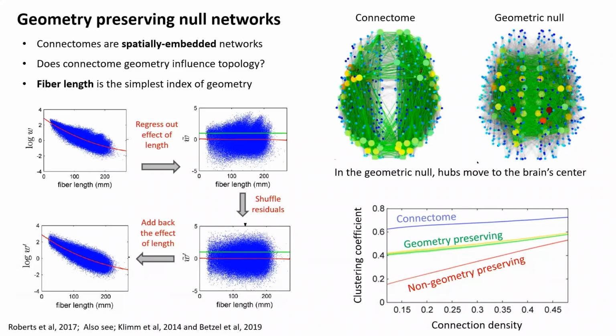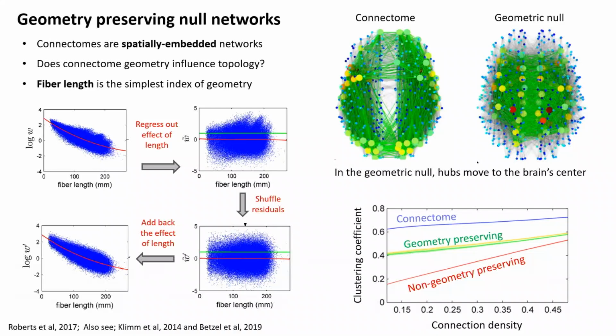So if you look at the bottom right here, I'm showing the clustering coefficient as a function of connection density for a particular human connectome. The blue line at the top, labelled connectome, is the value of the clustering coefficient in the real connectome. I've also shown the case for a non-geometry preserving null, which is the red line.